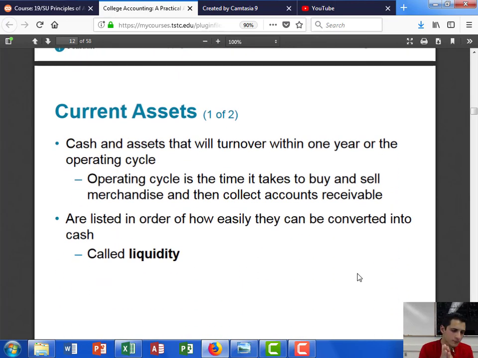Now, current assets that the book gives you is basically anything that you can turn over within 1 year, meaning that you're going to use it within a year, or it can be liquidated or sold right away for extra cash if need be.